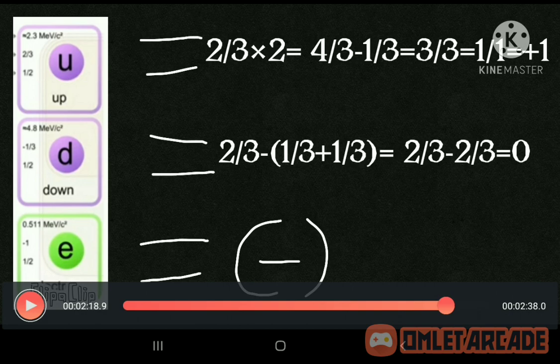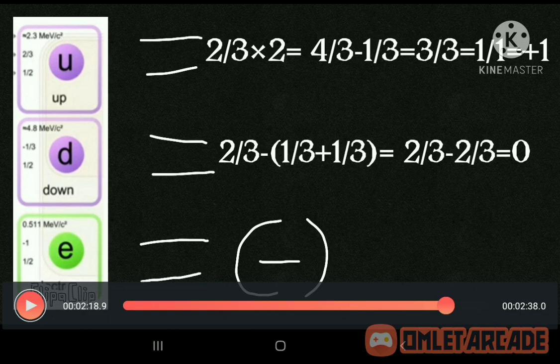It means that the up has a different charge, while down has a different charge than up. So you see that below the up quark, there is 2/3.